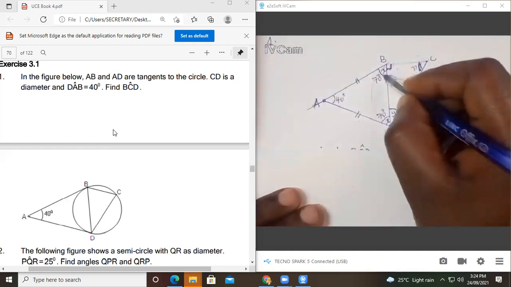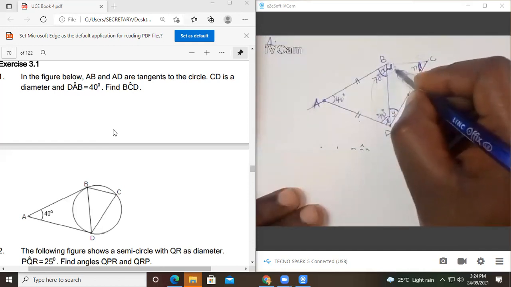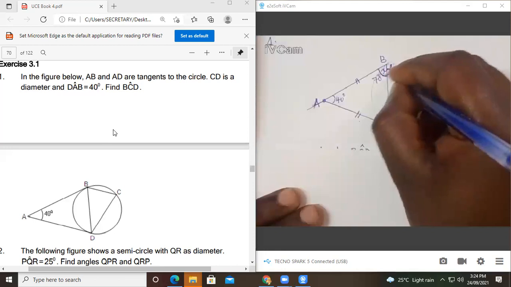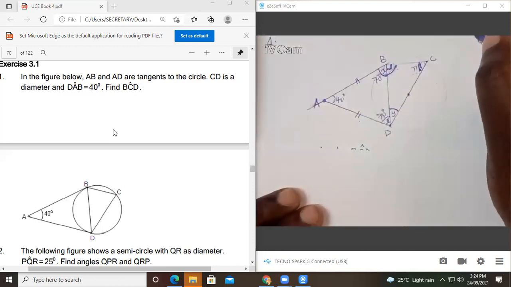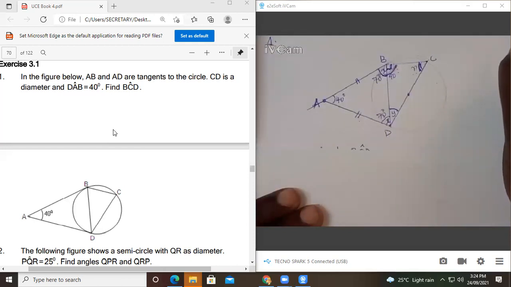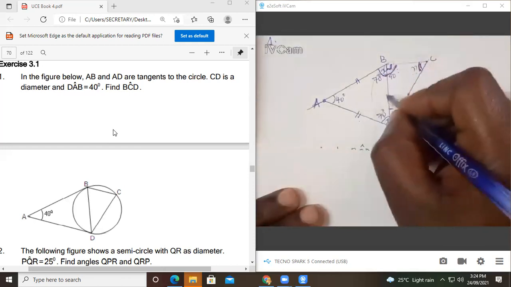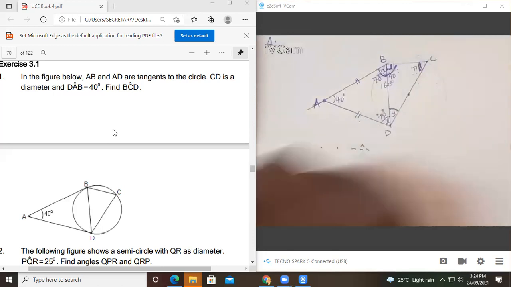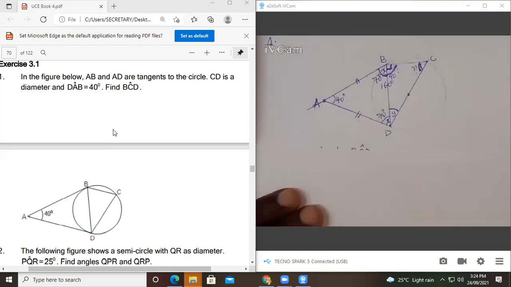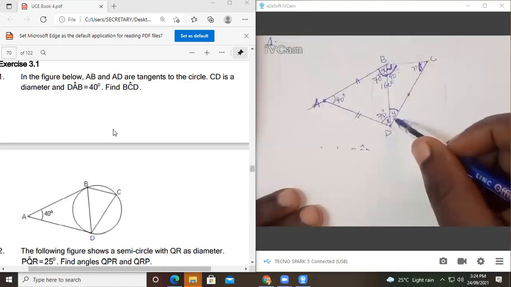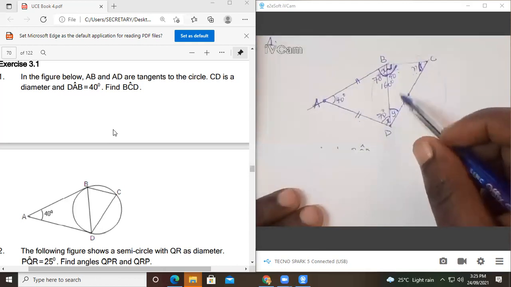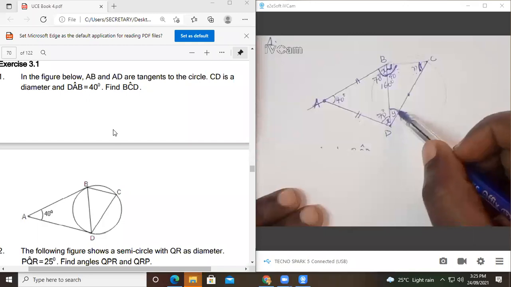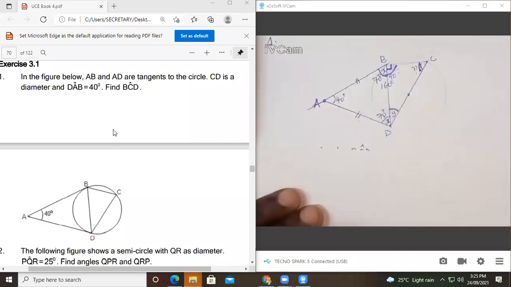Okay, what is this angle here now? It is 70 plus what? 70 plus 90. And what do you get? 160 degrees. So there we have 160 degrees, isn't it? So what do we have here? We have Y, isn't it? So Y plus 70 plus this is equal to what?